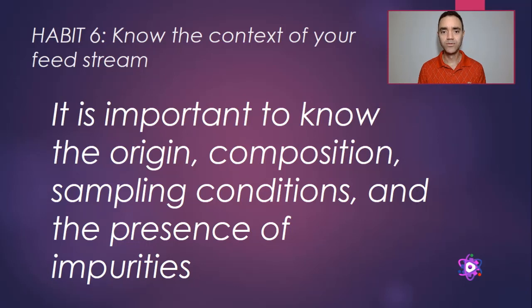Habit 6, know the context of your feed stream. It's important to know the origin, composition, sampling conditions, and the presence of impurities. When you are adding the components for your process simulation, you must understand the conditions where the sample was taken.